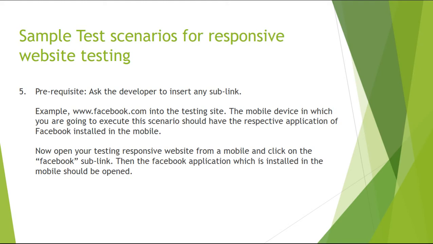I know you have experienced that if we open some Facebook link on a website, our mobile device asks whether we want to open the web link through Chrome or the Facebook application. That is the scenario I'm talking about for scenario 5.